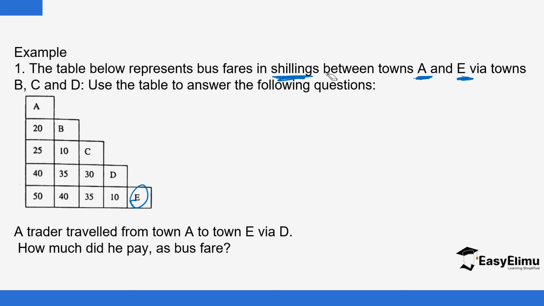So I want to use the examples just to help us with understanding of that. We have a trader who is traveling from town A to town E via D. So this trader starting from A and reaching E, but via D means they stop at D, they alight at D, and then they board again and continue the journey.